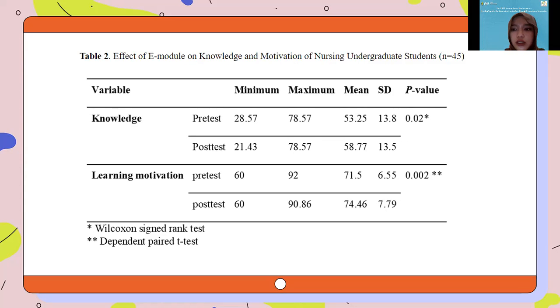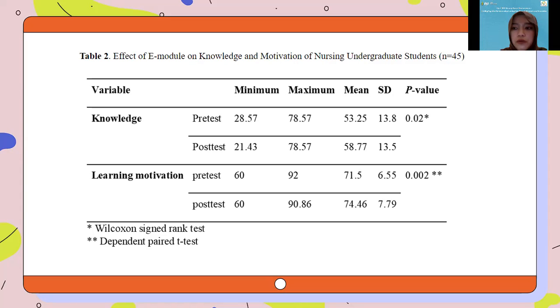So based on this, table 2 shows the different test results. Based on this table, it can be seen that there is an increase in the mean pre-test and post-test score in both variables.